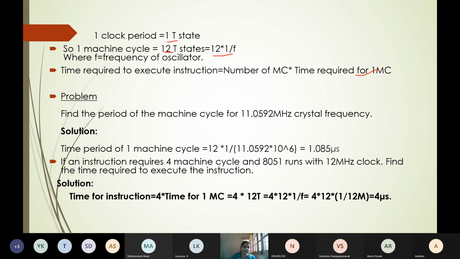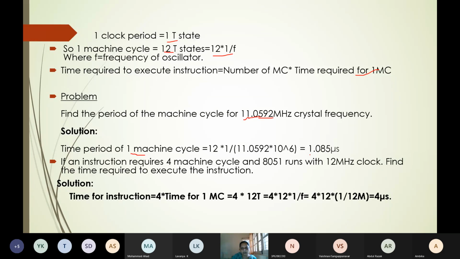Some problem may be asked, such as: find the period of the machine cycle for a frequency of 11.0592 megahertz. I told you the 8051 microcontroller usually works with a frequency of 11.0592 megahertz. So if f is 11.0592 megahertz, then for one machine cycle I require 12 T states, which is 12 into 1 by f.